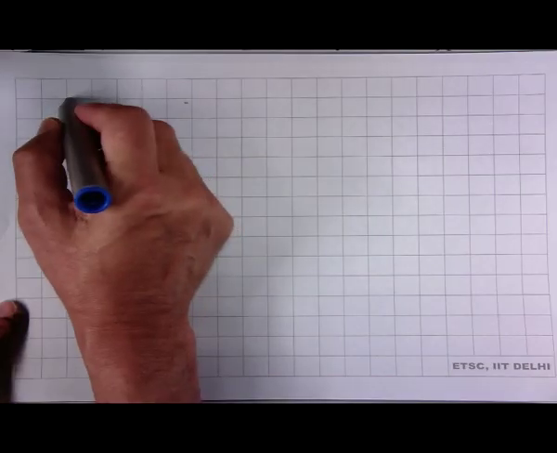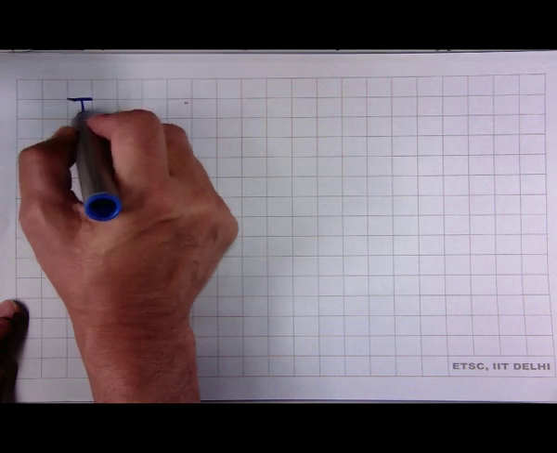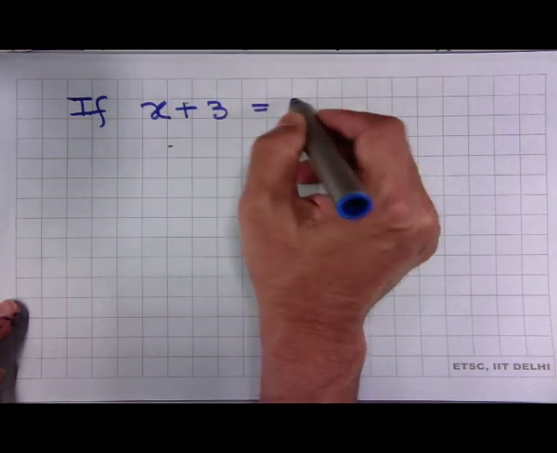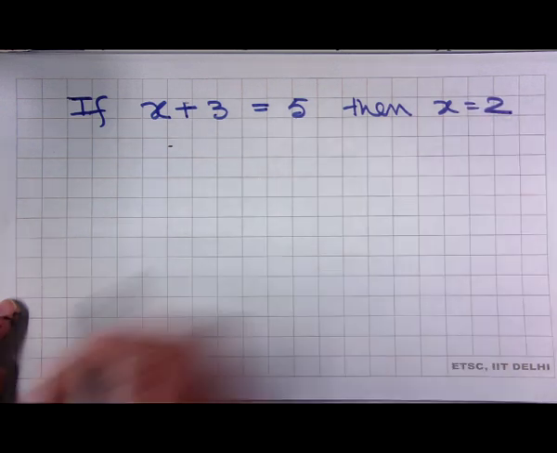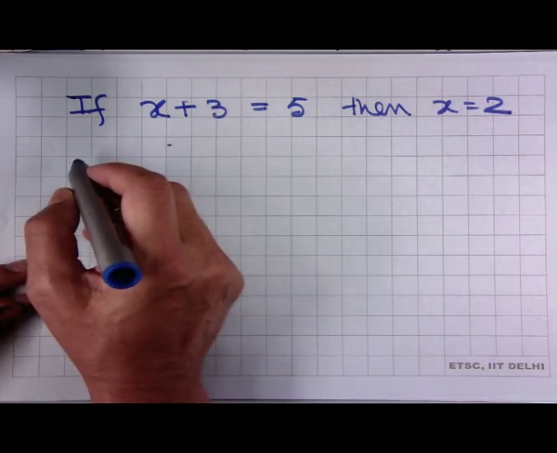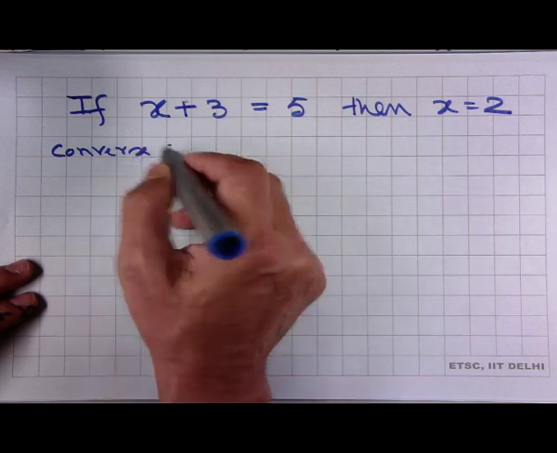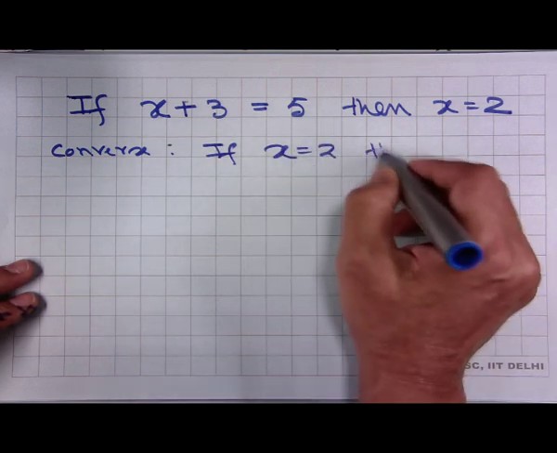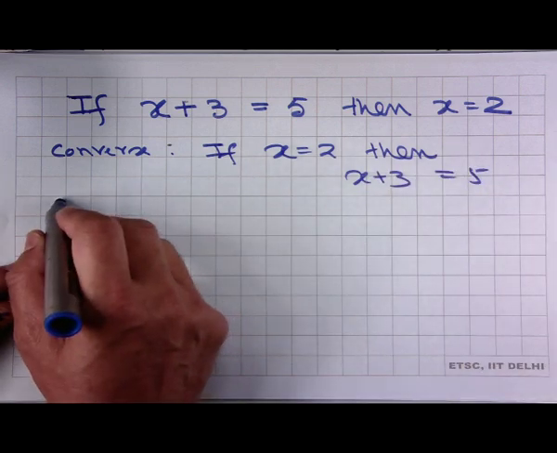The last example is, consider the statement: if x plus 3 is equal to 5, then x is equal to 2. What is the converse? If x is equal to 2, then x plus 3 is equal to 5. What is the inverse of it?